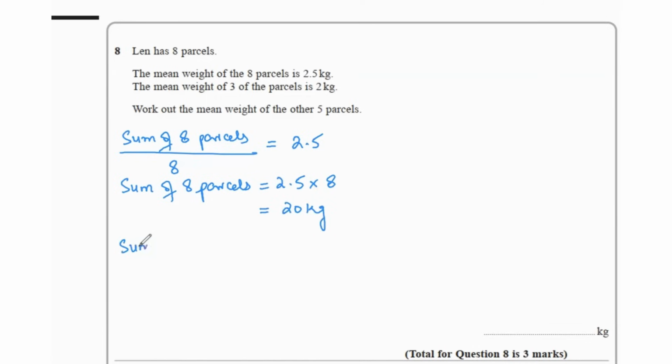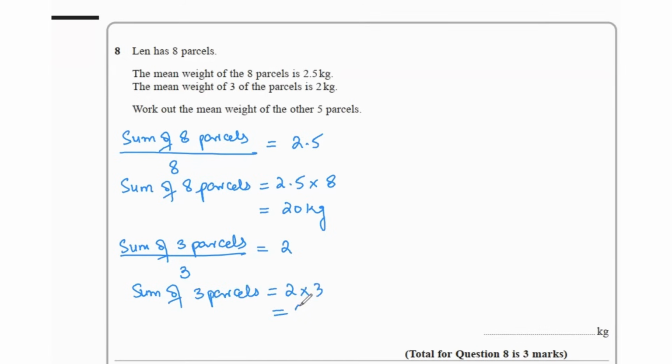Now, sum of 3 parcels divided by 3 equals 2 kg. This is the mean weight of 3 parcels. So the sum of 3 parcels in total is going to be 2 times 3, which is 6 kg.